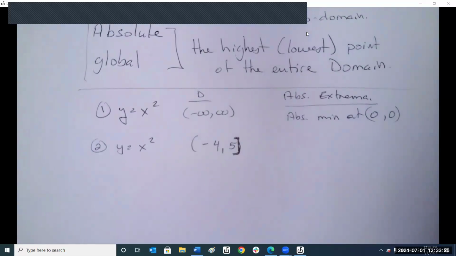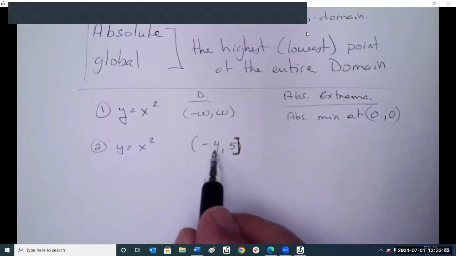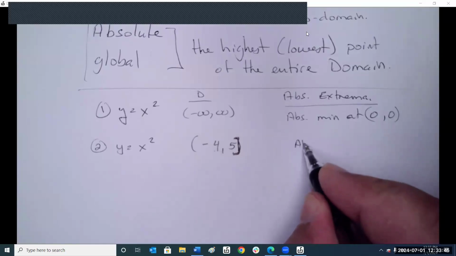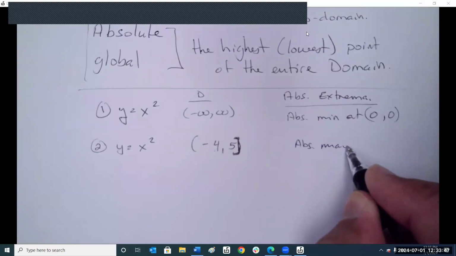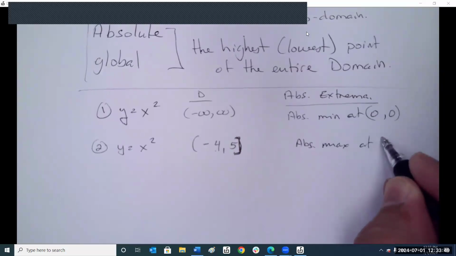How about this one? I'm giving you the domain on this one. Because this one's higher than this one. Absolute max. At where?